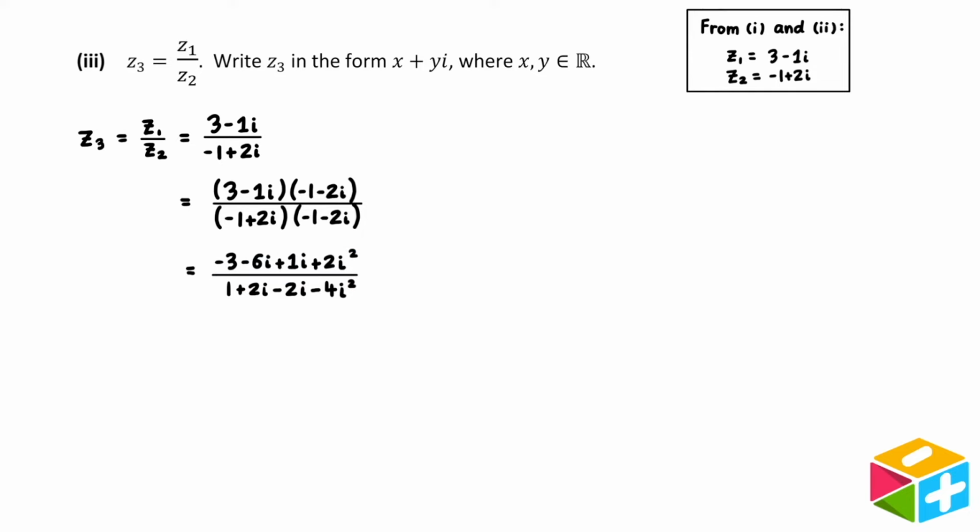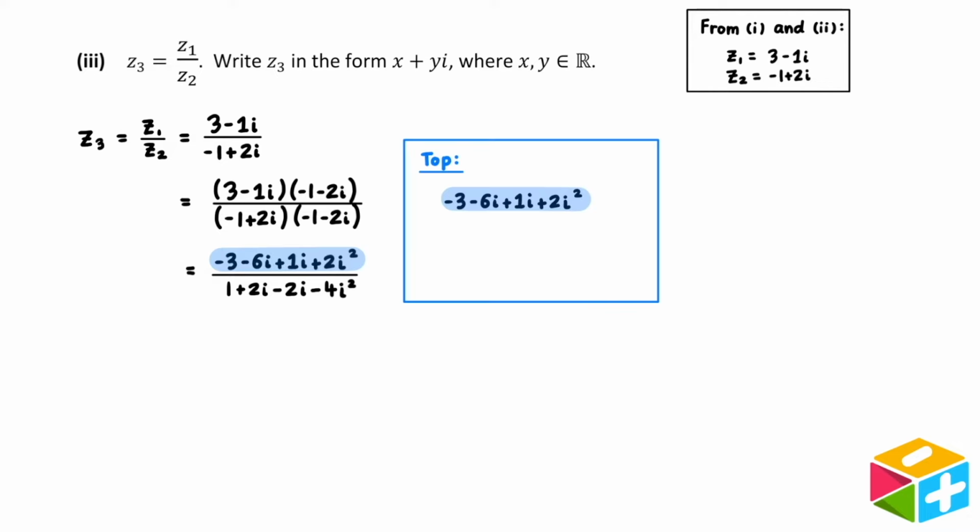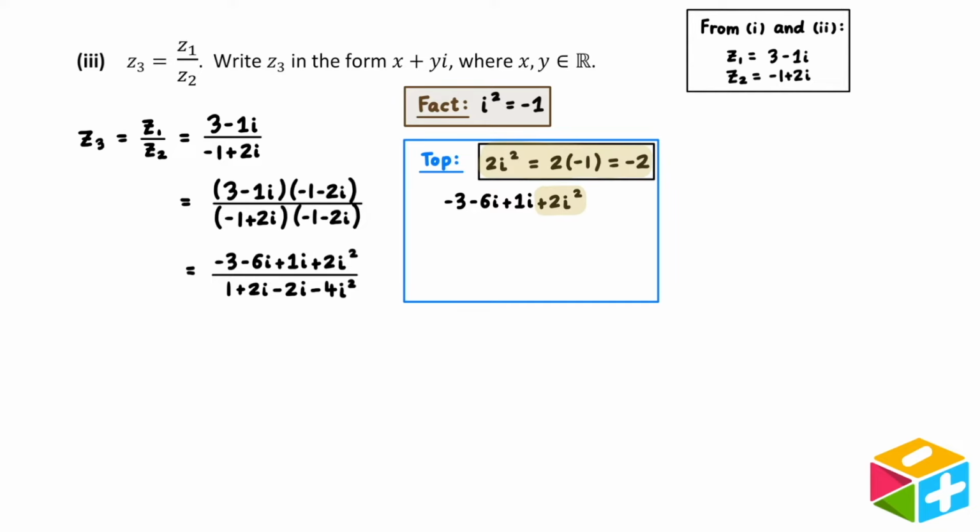Now that we've expanded the brackets, let's see if we can simplify a bit. Let's start with the top. A useful fact here is that i squared is equal to minus 1. So the 2i squared becomes 2 times minus 1, which is minus 2.